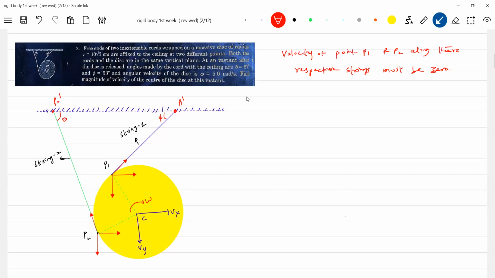The string which is wrapped will be tangential, though it may not appear so for you. This should be equal to r omega. Vx, Vy. This is r omega. What can be this angle? This angle should be phi.